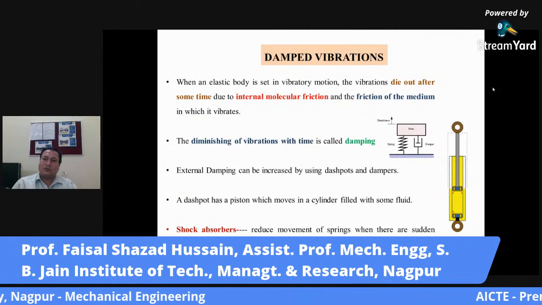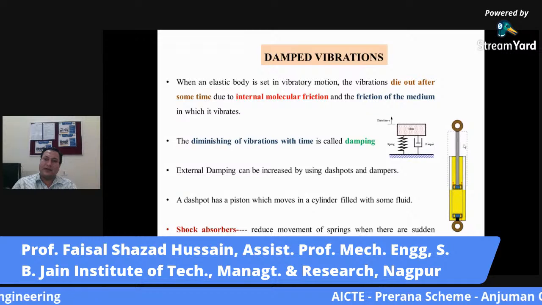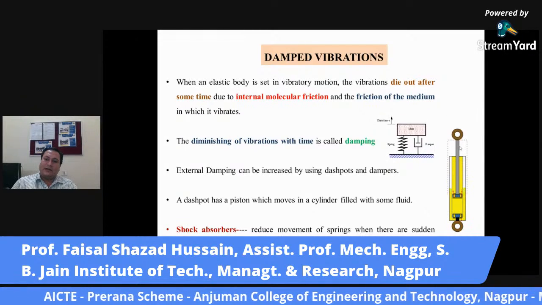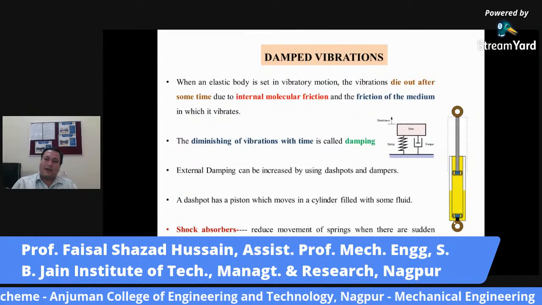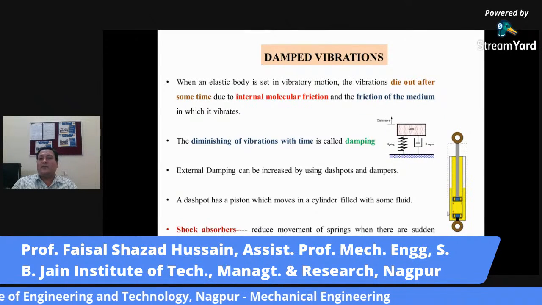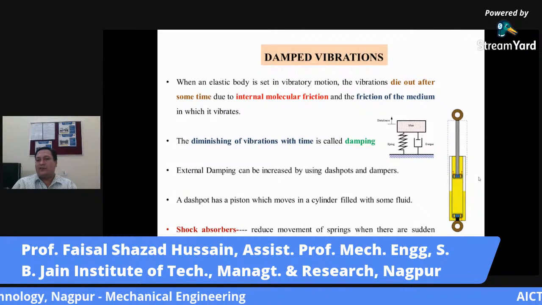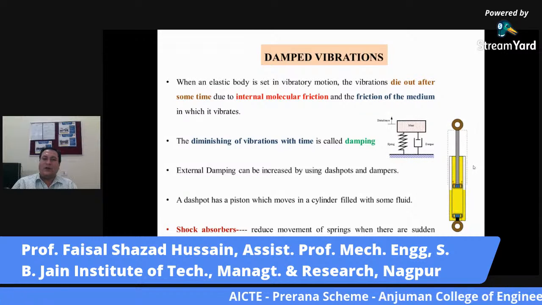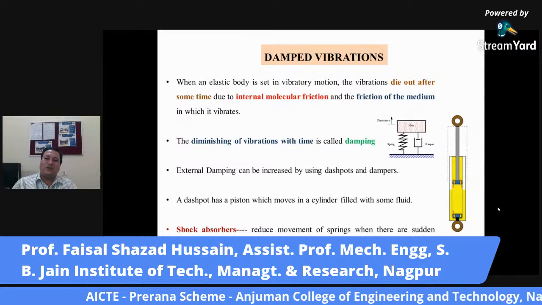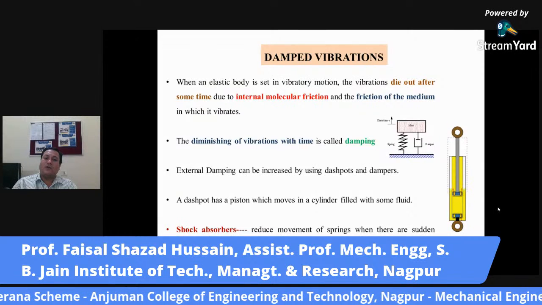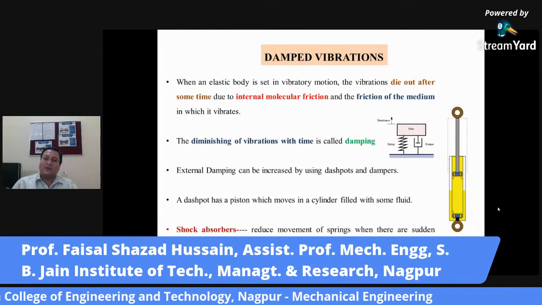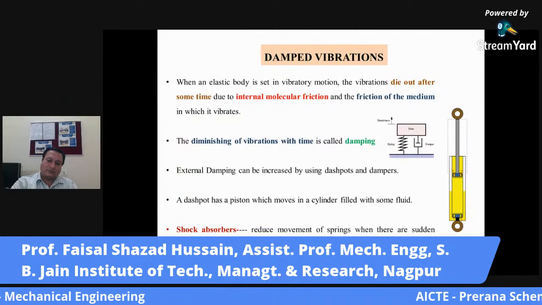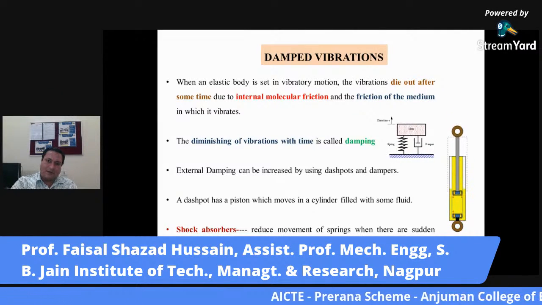In this image you can see that due to the shocks, the piston is continuously reciprocating in an up and down manner, and the fluid is playing the intermolecular friction role. So in shock absorbers, the movement of the spring is reduced when there are sudden shocks, thus damping out the bouncing which could have occurred otherwise. This is the basic example of shock absorbers, and it is under the damped vibration condition.